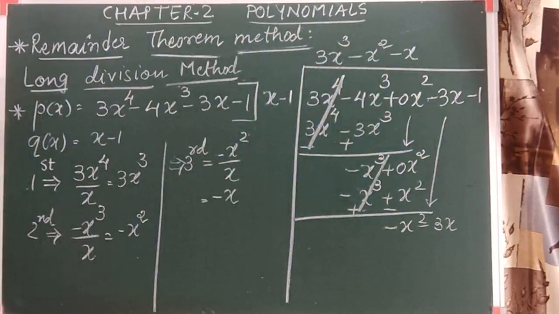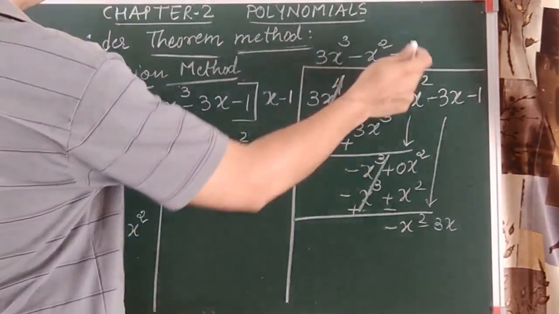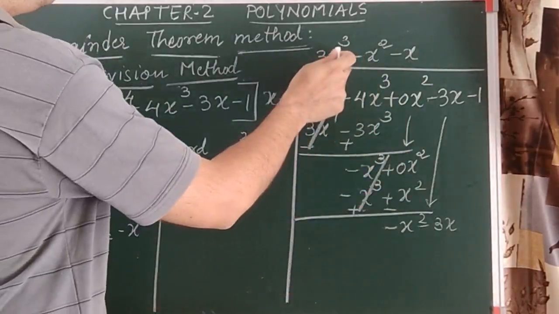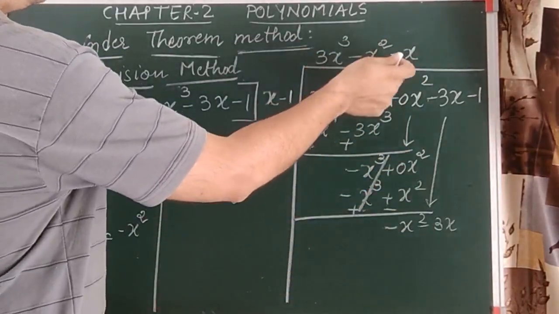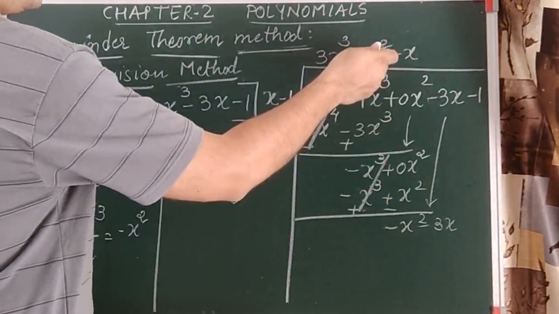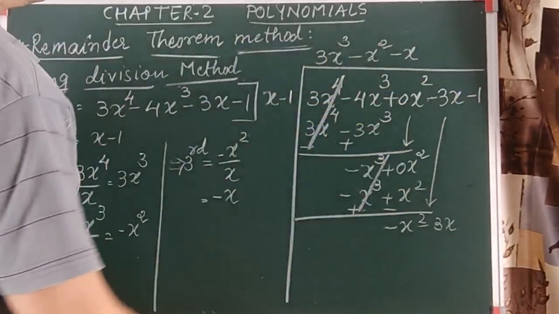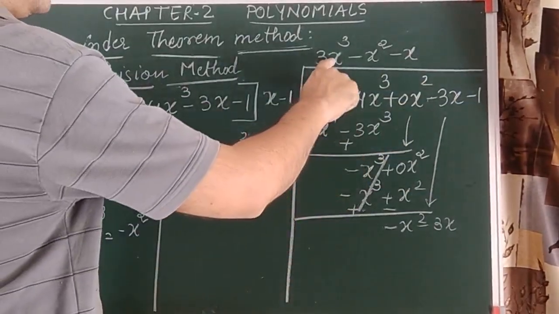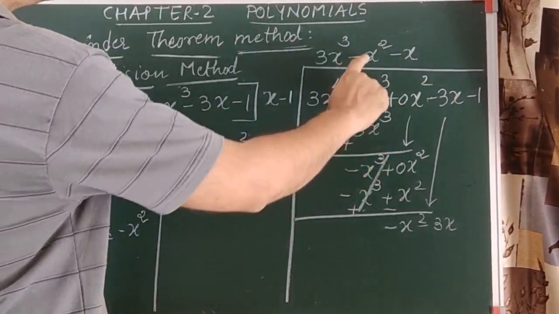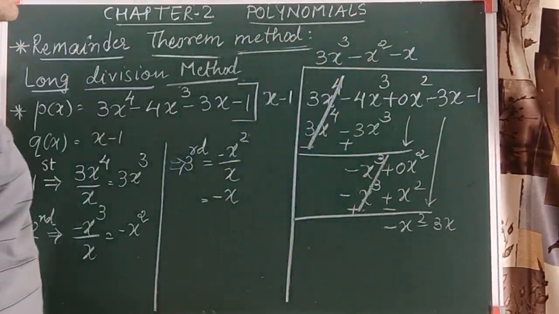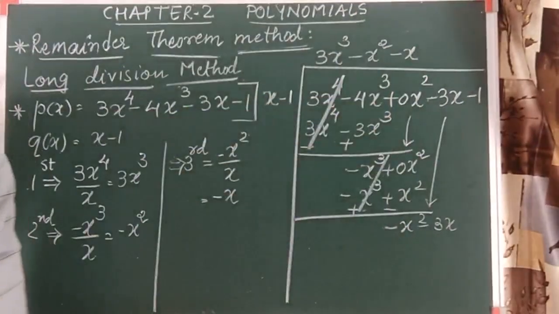It is always and continuously like this. You will never obtain like terms in the quotient. मतलब x cube वाला term एक बार आ गया. You never obtain any x cube term again. X square obtained, you never obtain an x square term again. मतलब x cube we have only one term, x square one term, x only one term. We never obtain like terms in the quotient.